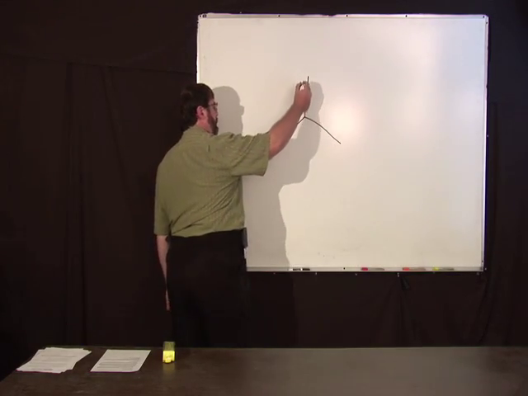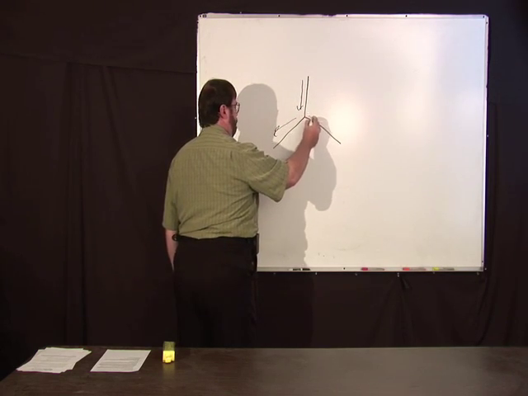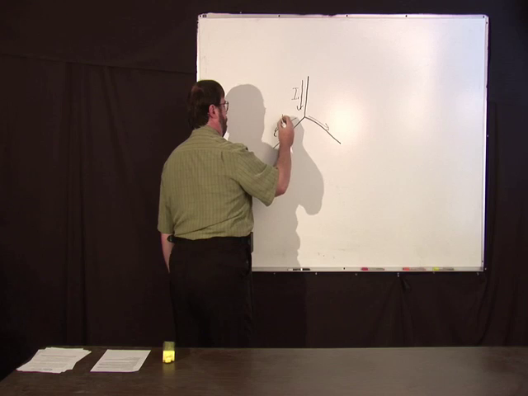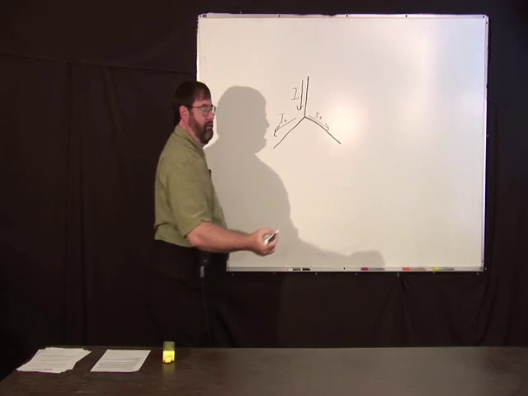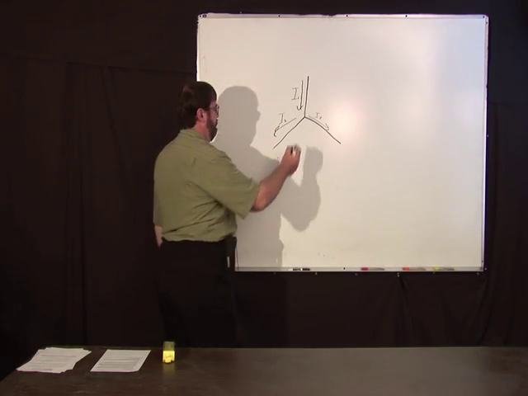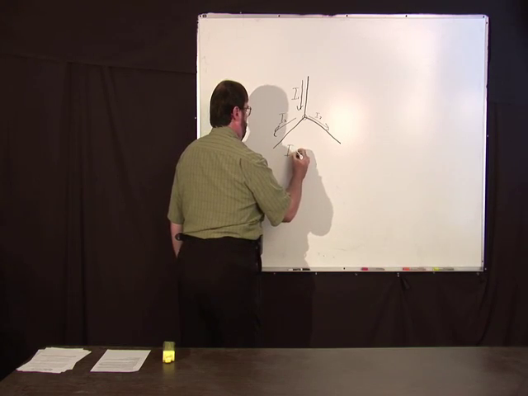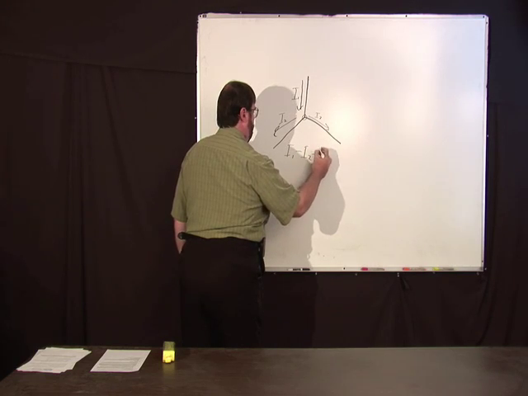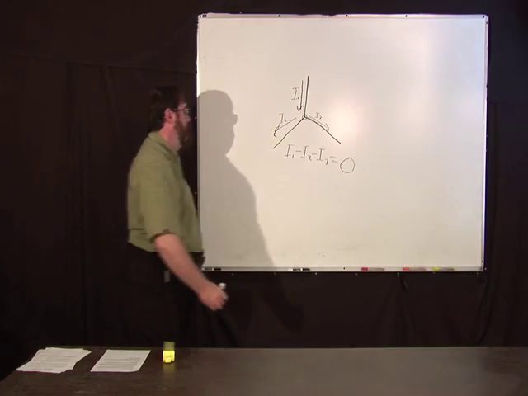It says that if you have currents entering and leaving a junction, let's say I1 entering and I2 and I3 leaving, arbitrarily, then the sum of the currents entering minus the currents leaving must be 0.